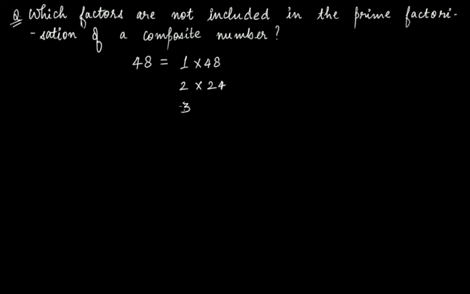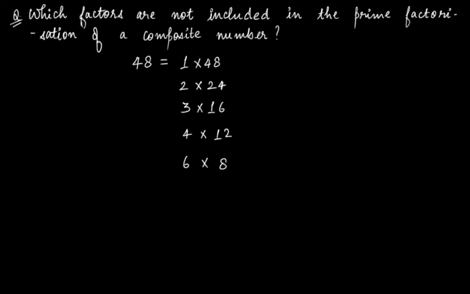This can be 3 times 16. This can be 4 times 12. And this can be 6 times 8. I'm just writing in ascending order. Is there any other form? No. So these are all the factorized forms.